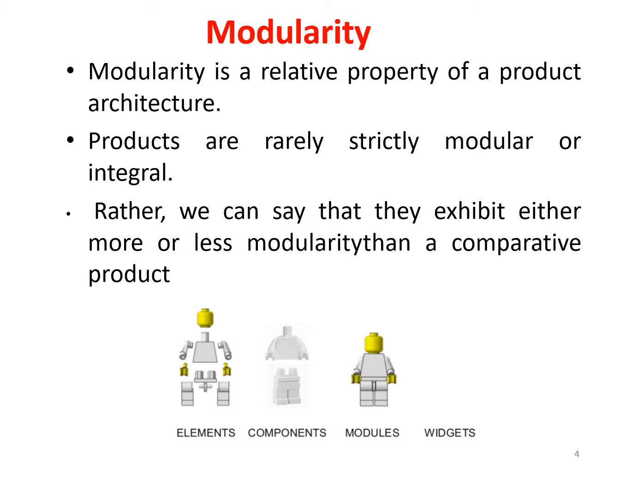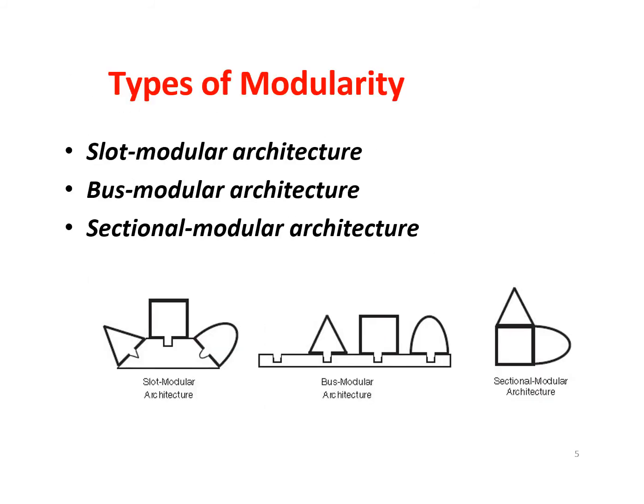The picture indicates a humanoid. It has elements, the major components, the small modules, and the widgets. This way, modularity is useful for the designing stage as well as the application stage.